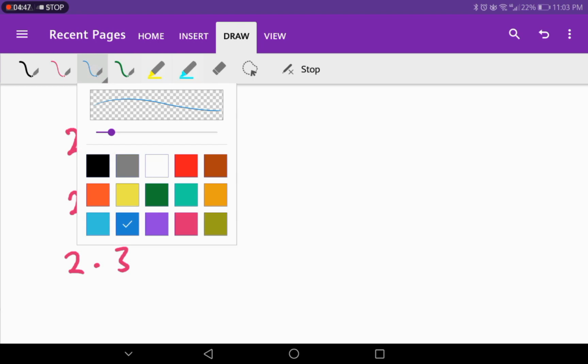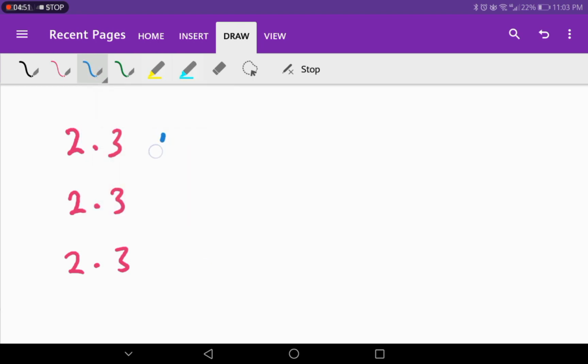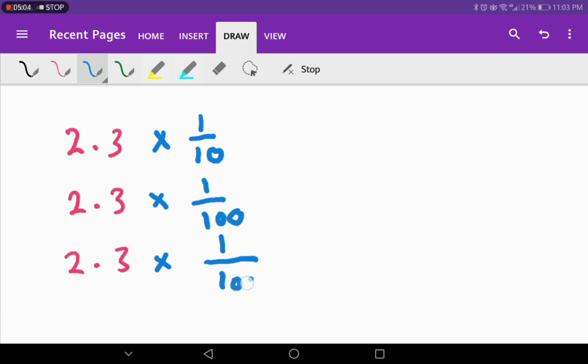Okay, what if I have the same example, but this time I multiply the decimal number by 1/10 or 1/100 or 1 over 1000. What will happen? Let us see.